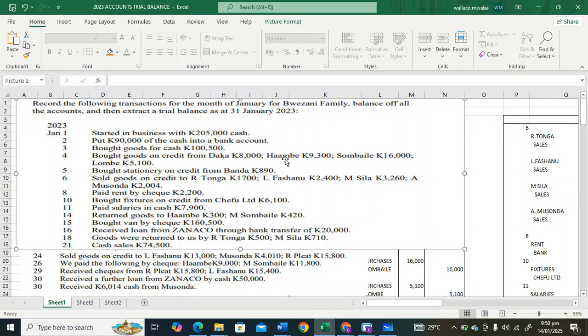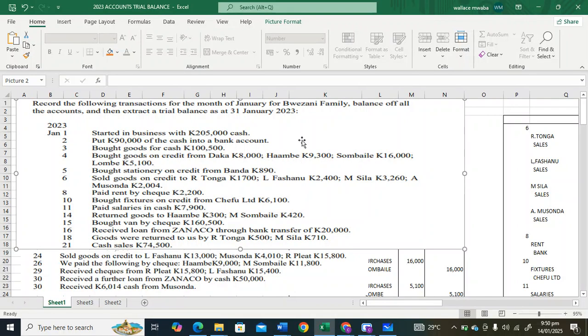Similar with Hambe, you debit purchases 9,300, you credit Hambe 9,300. You debit purchases 16,000, you credit Sombaile 16,000. You debit purchases again 5,100 and you credit Lombe 5,100.